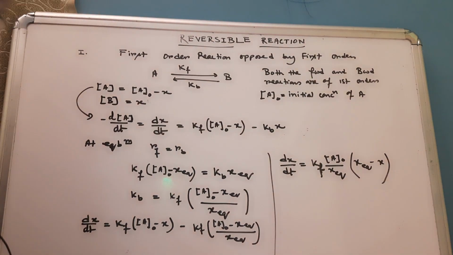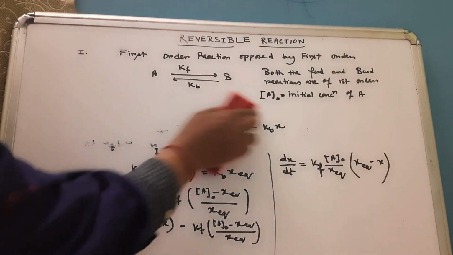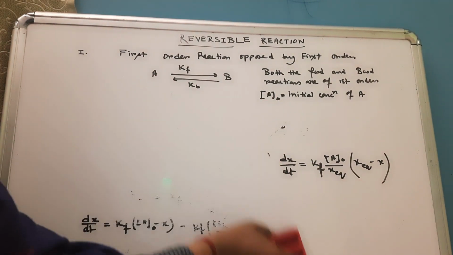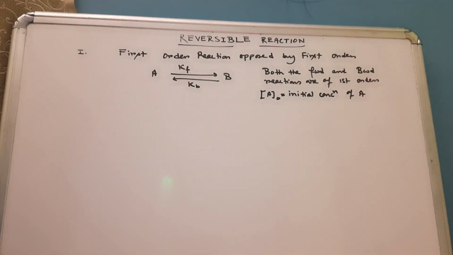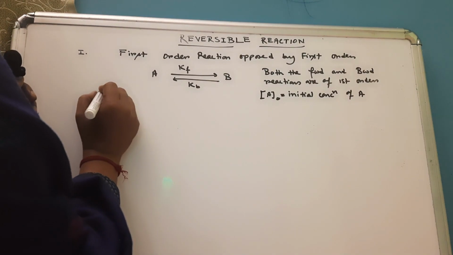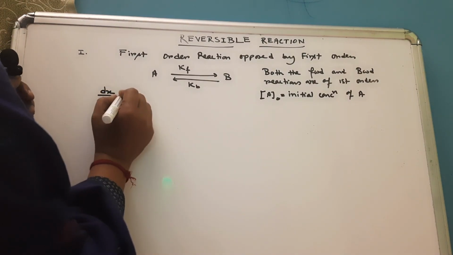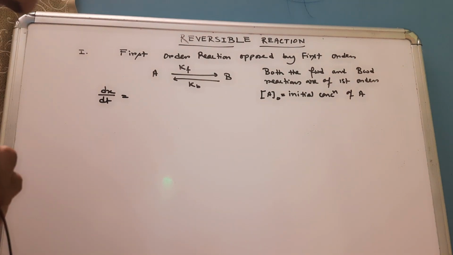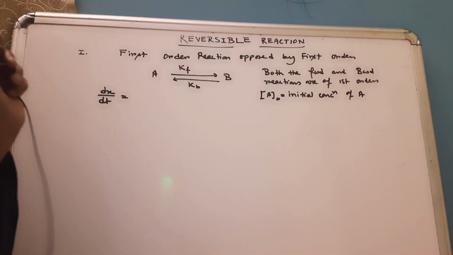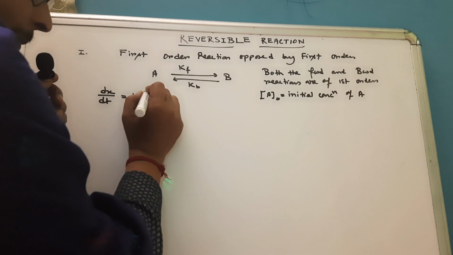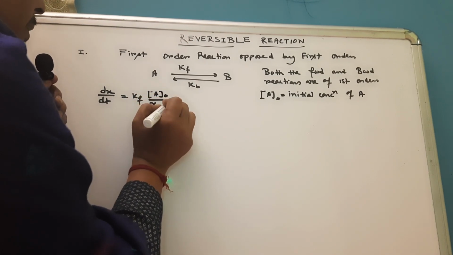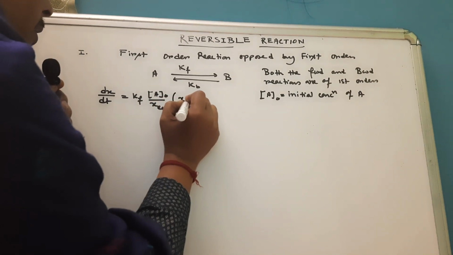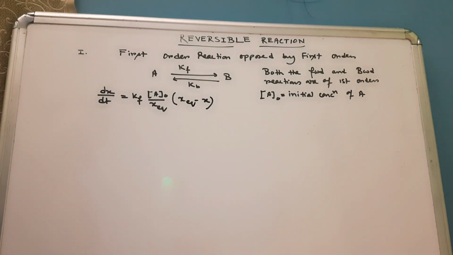Try to write down the equations, my dear students. So in our last equation, dx by dt equals Kf into A0 by x equilibrium into x equilibrium minus x.